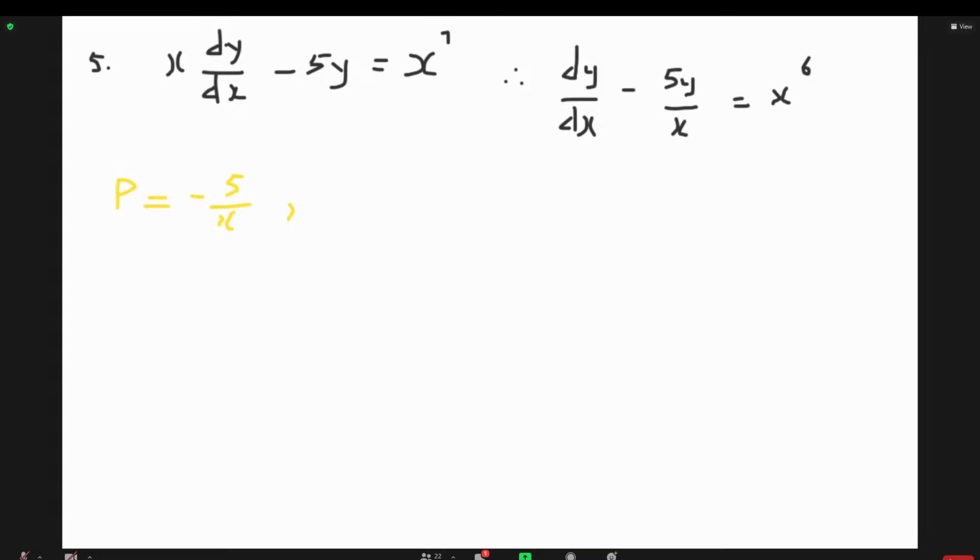If you do, it's going to be wrong. e to the integral of minus 5 over x dx, but the integral of minus 5 on x dx is minus 5 times the integral of 1 on x dx, which is equal to minus 5 ln x.